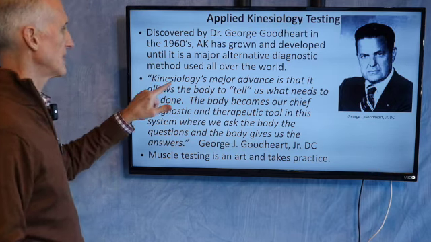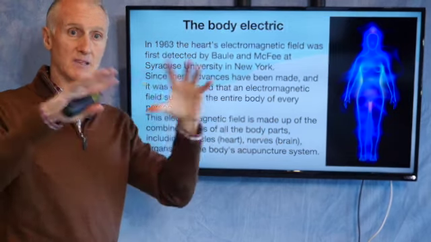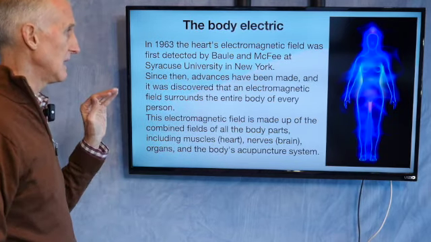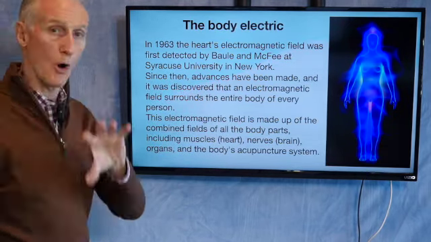Since then, they've found there's electromagnetic fields around the brain, around the entire body. All of the cells and tissues of the body kind of combine to make this electric field. And if it is thrown off in some way, then it can cause lots of problems. And applied kinesiology is about finding and fixing those issues.